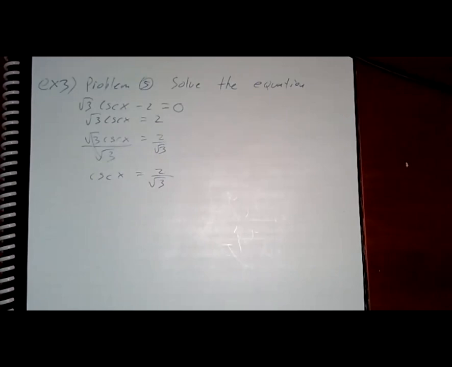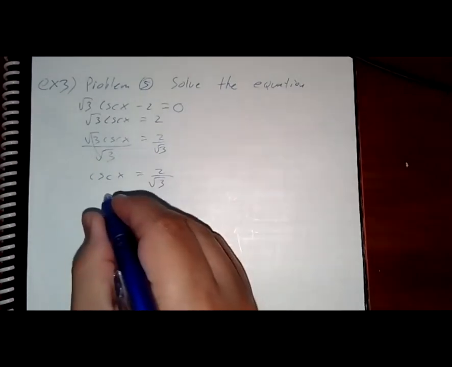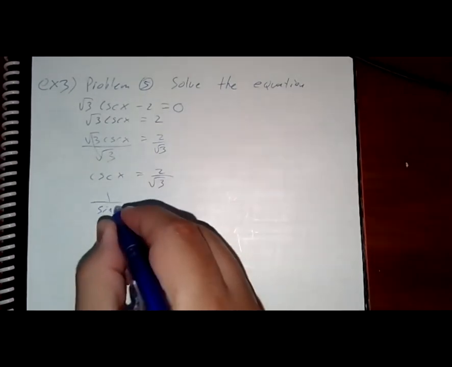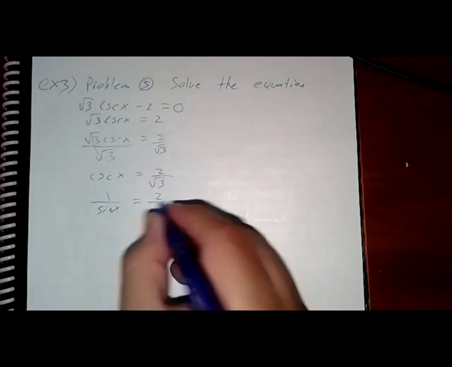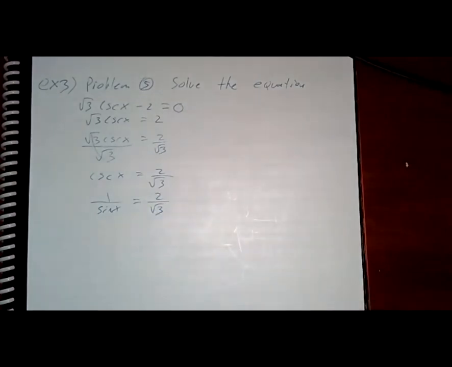What is cosecant as a reciprocal? Isn't this 1 over sine? Do you agree? From your identities?